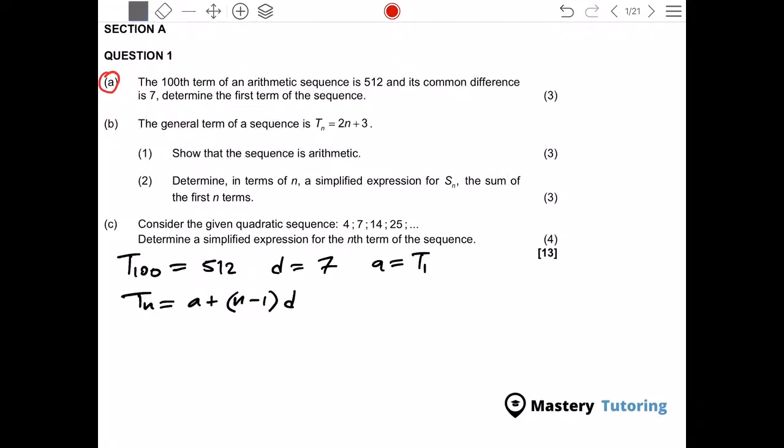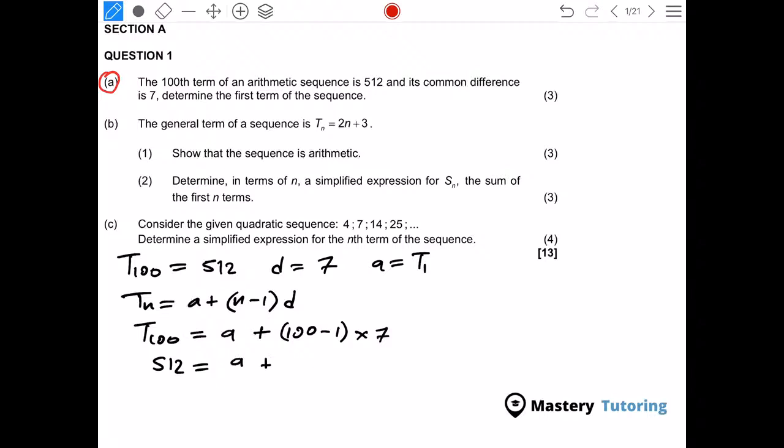Now we can substitute what we know. Where there's n, we substitute 100. This is A plus 100 minus 1 times D, which is 7. And T100 is equal to 512, so we substitute 512.